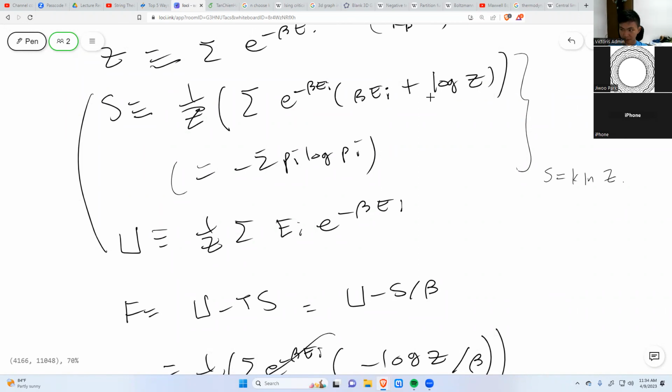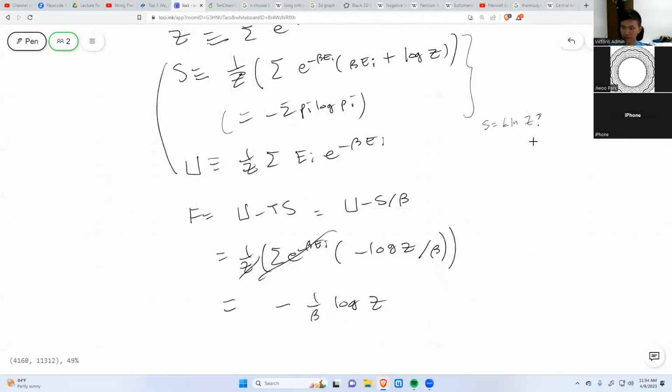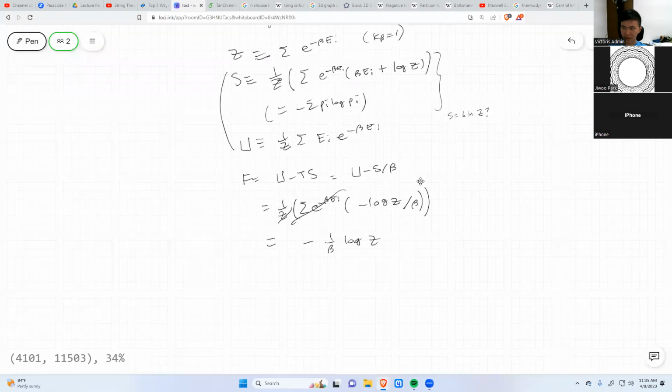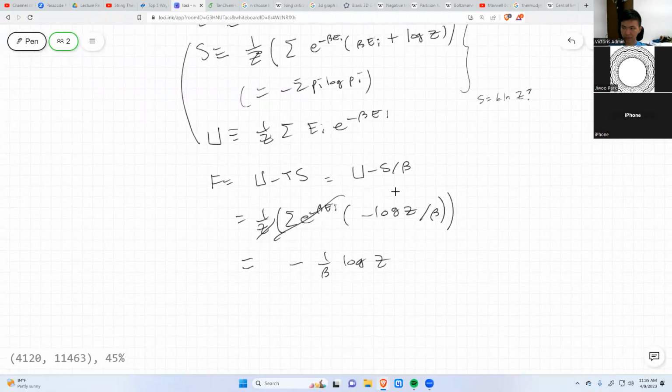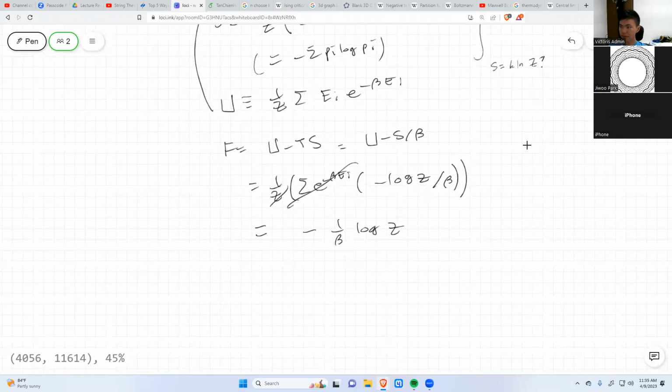You should use the Gibbs, definitely, and I'll explain why it's crucial in a bit. Then is there any way to tie this in with k log Z? Well, you shouldn't use it in this case.